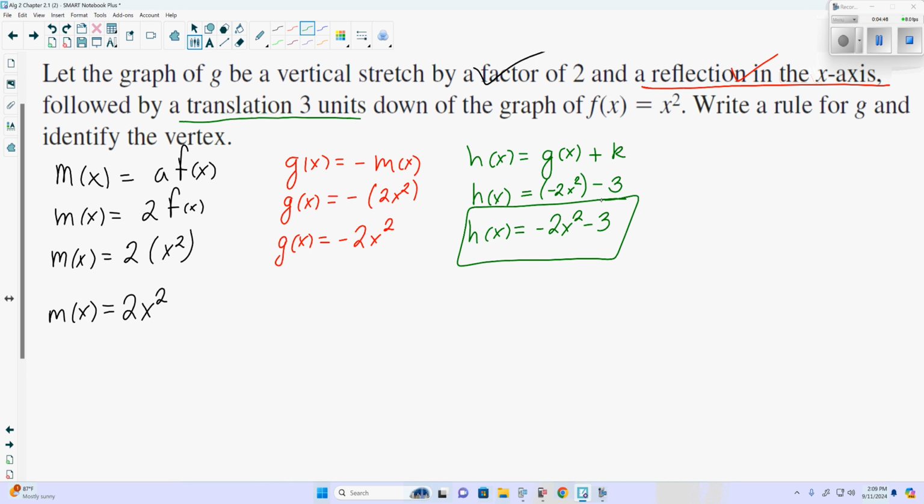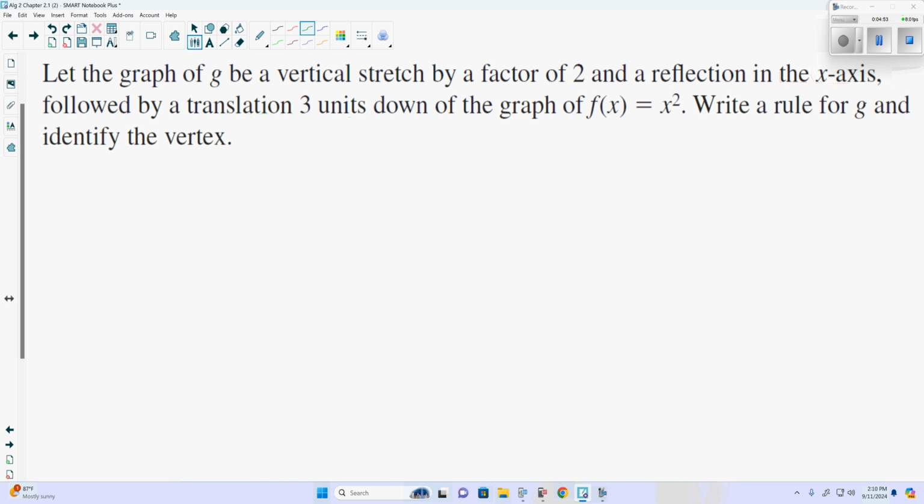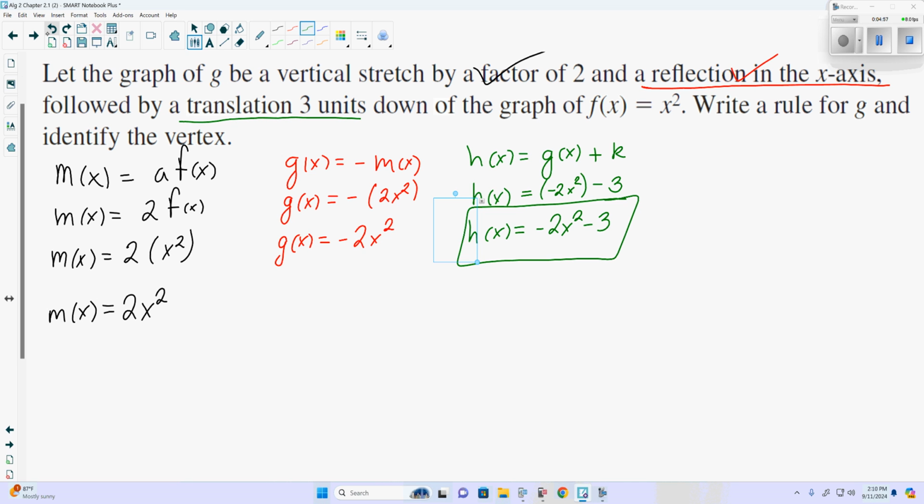Okay. The textbook does it a little different than this, and I'm going to actually show you the way the textbook did this. Were you all still copying? Okay. You're welcome.